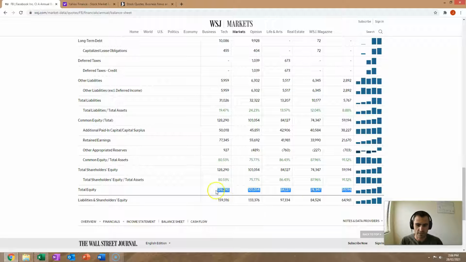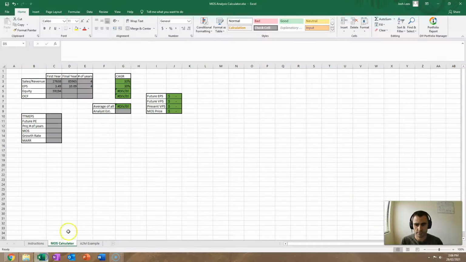The last year is 128,290, and that's over 4 years also. That's 21%. So as you can see, these numbers are quite great. Facebook's a pretty good financial company.